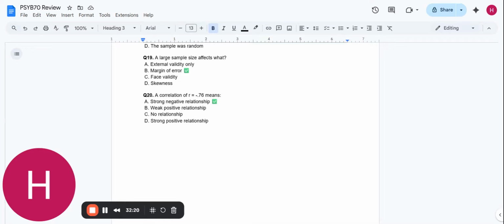The last question we have here: a correlation r equal to minus 0.76 means that we have a strong negative relationship. The closer the value is to minus 1 or to 1, the stronger it is. It's important for you to know that just because a number is negative, it doesn't mean that we have a smaller correlation. We should just focus on whether they are close to 1 or minus 1.